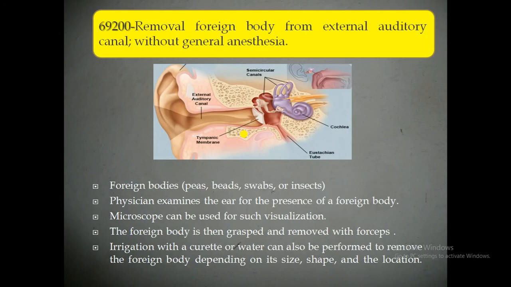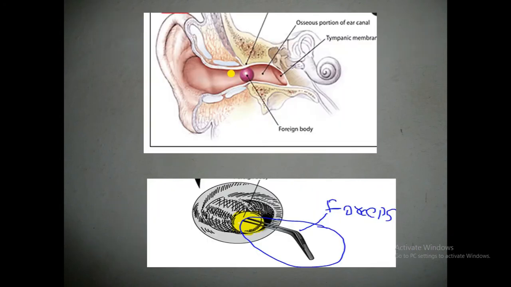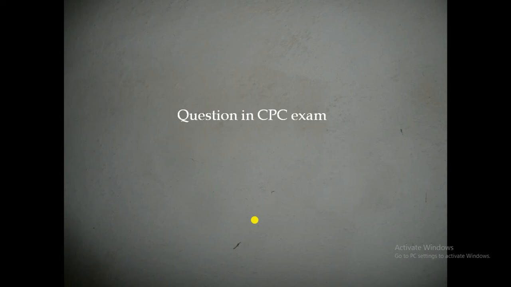So this is the exact procedure the physician will do in the removal of the foreign body from the external auditory canal. Without any general anesthesia he will remove the foreign body like this. Simple, right? The physician will remove with the help of the forceps, and sometimes irrigation is also performed to remove the foreign body.